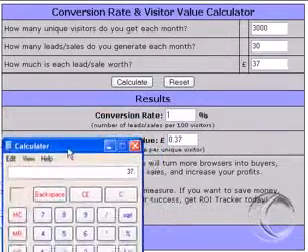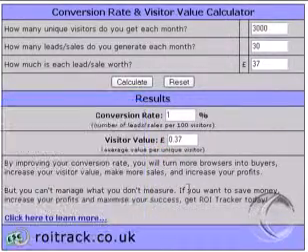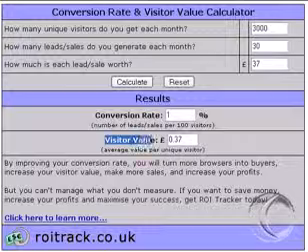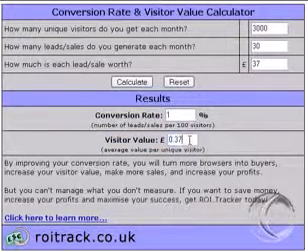Let me get down to it, I'm going to end this video now, but here's the reason why this is so important. This tells me how much I can pay per click and still break even. As long as I'm paying less than 37 cents per visitor to my site, I know that I'm going to make a profit, as long as it's valuable, targeted traffic.